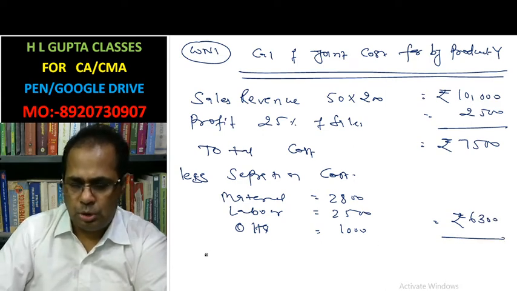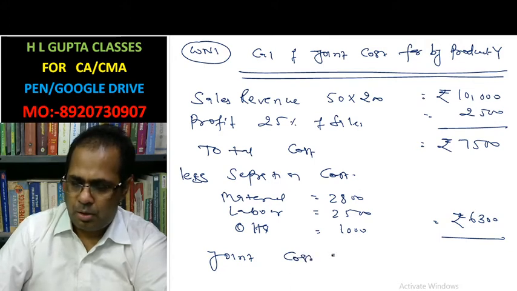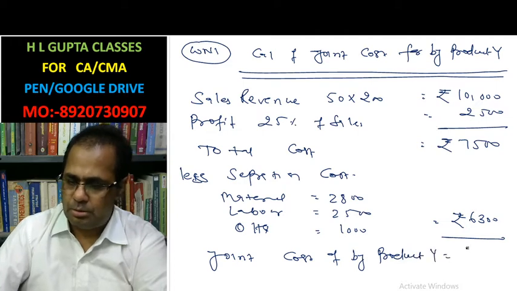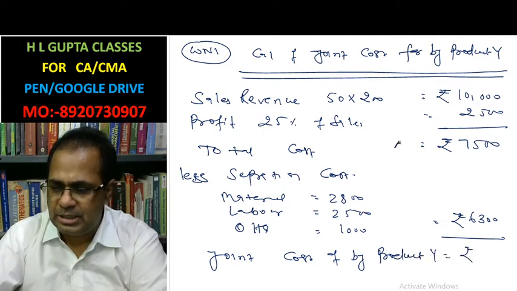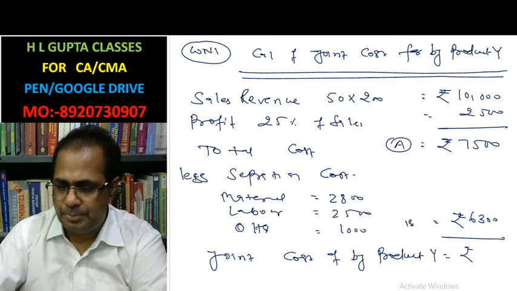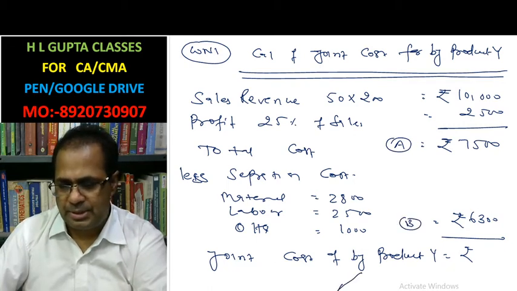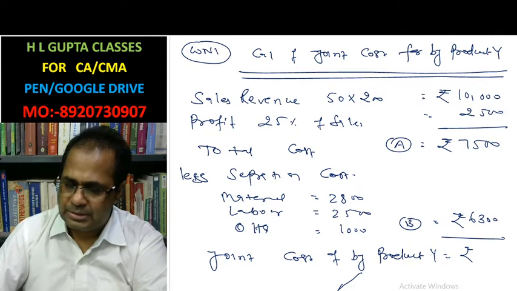Now, joint cost of byproduct Y. This is the separation cost, 6,300 for Y, after separation.